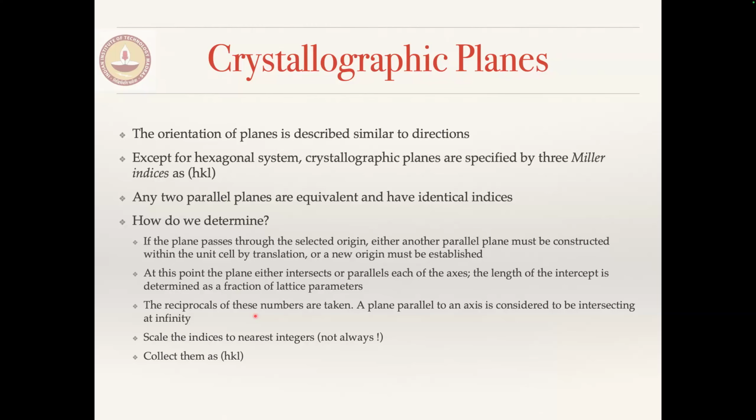No intercept actually. That means we can say that intercept is at infinity. Can we say that intercept is at infinity because it is not touching the plane? Yes, we can.